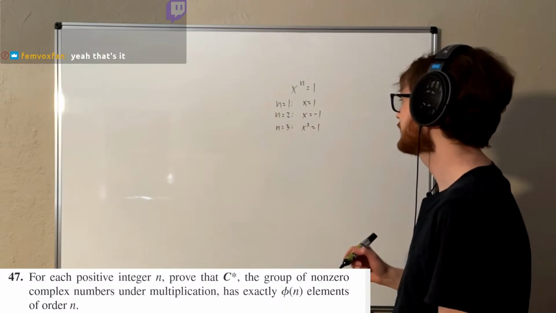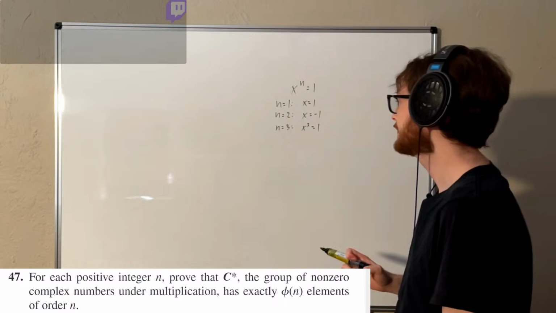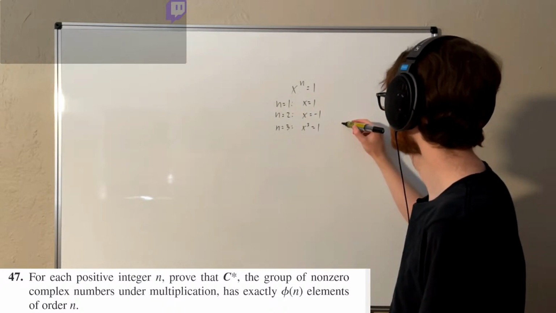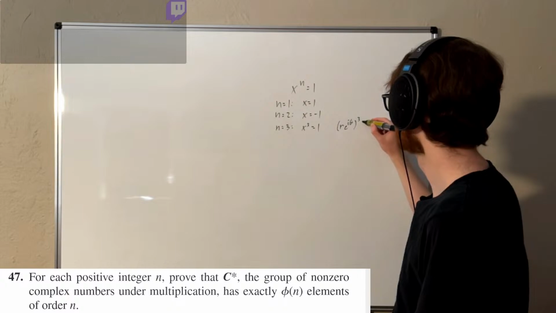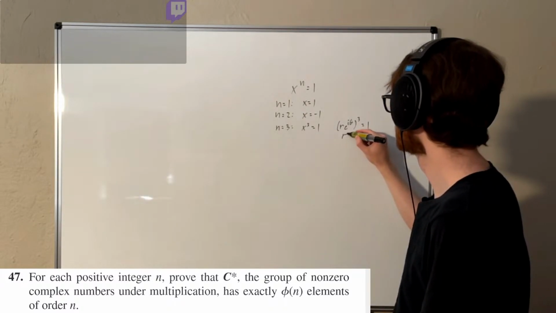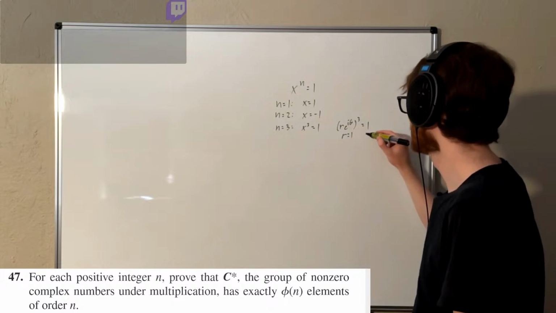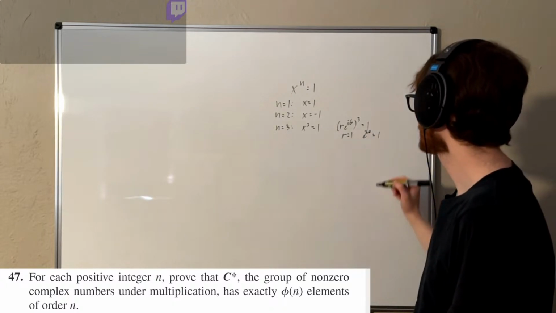X cubed. R has to be 1. E to the 3i theta is 1.